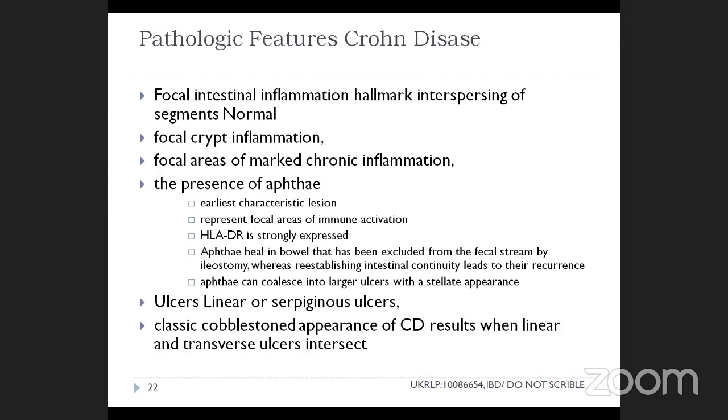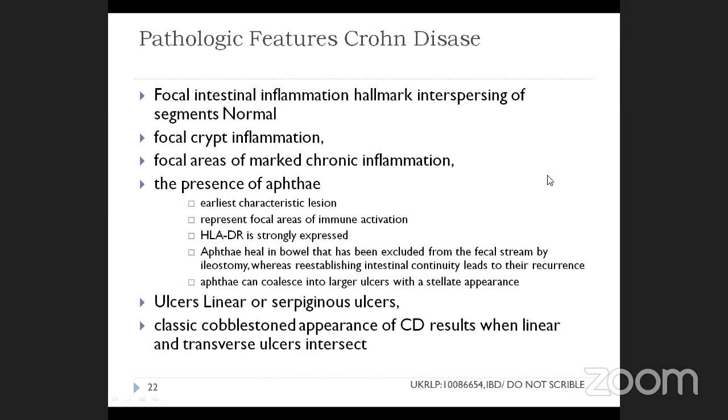A number of aphthous ulcers coalesce to form larger ulcers, and they can be in different forms, in the form of linear ulcers or stellate ulcers, or serpiginous ulcers. And the endoscopy shows the classical cobblestone appearance in Crohn's disease with linear or transverse ulcers which can intersect.